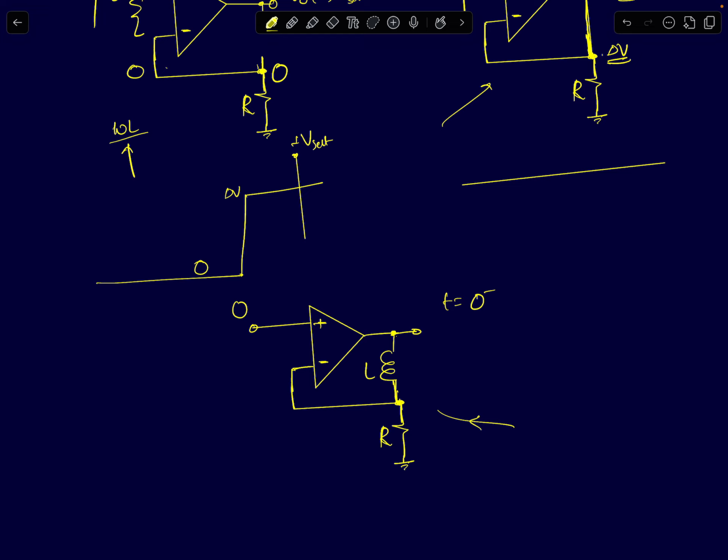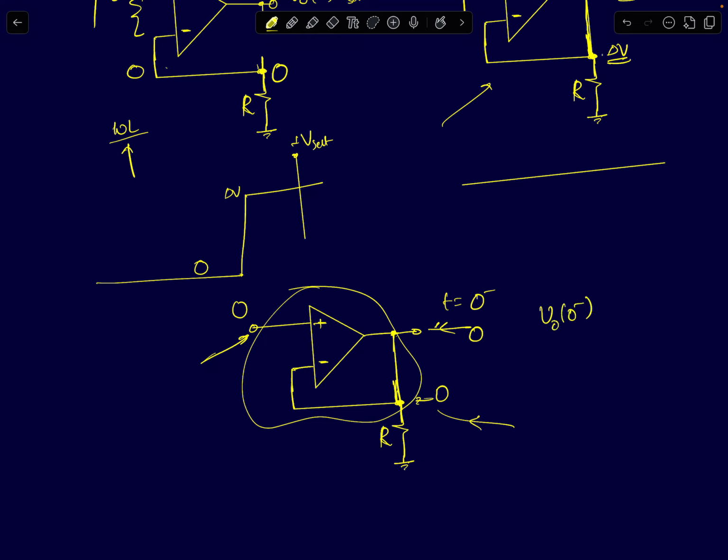Because it has reached a steady state, we can treat the inductor to be like a short circuit. If the inductor is like a short circuit, then the circuit reduces to a voltage follower, and the output voltage will simply follow the input voltage, which is 0. So the output voltage comes to 0. And this node voltage Vx also is at 0 because the inductor is like a short circuit.